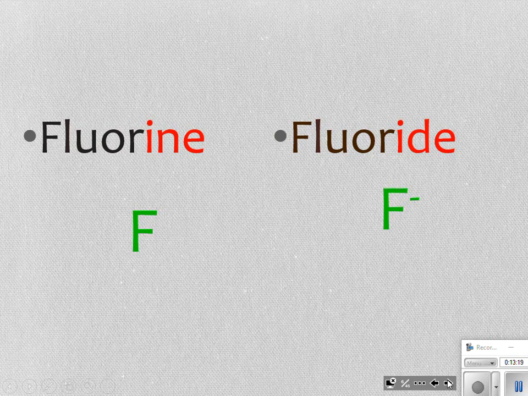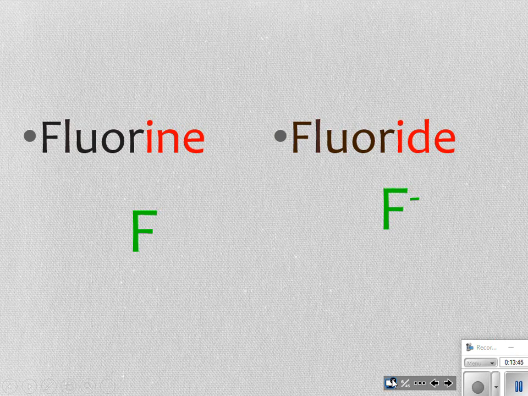What about iodine? What are you going to call it? Iodide. And what charge is iodide going to have? -1, a 1 minus. Okay? So, you'll get to know those. They are on your ion sheet.